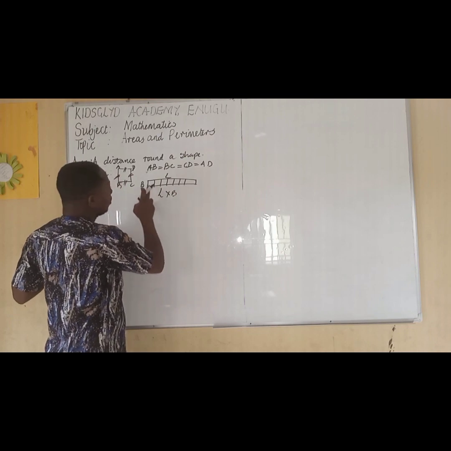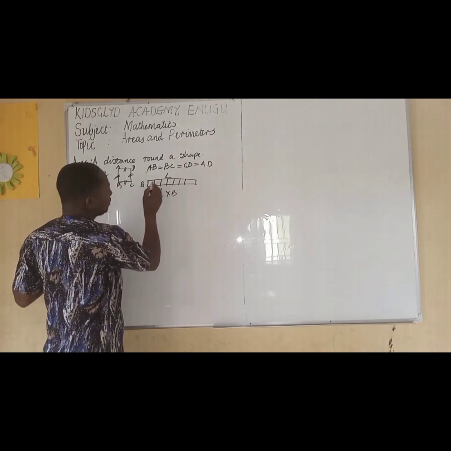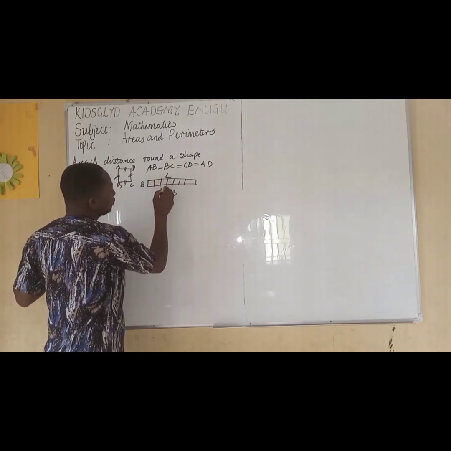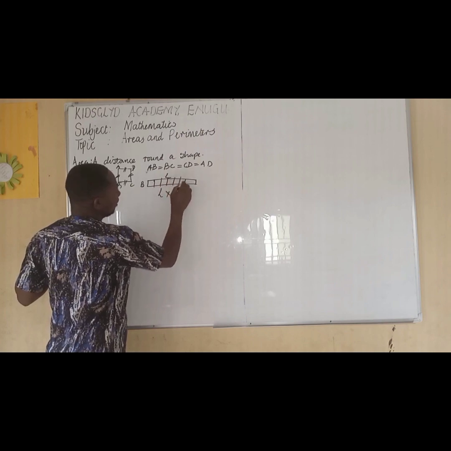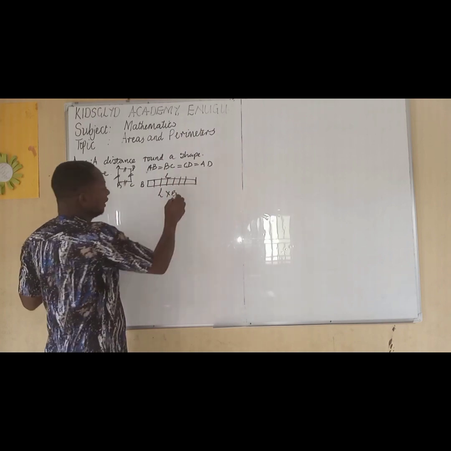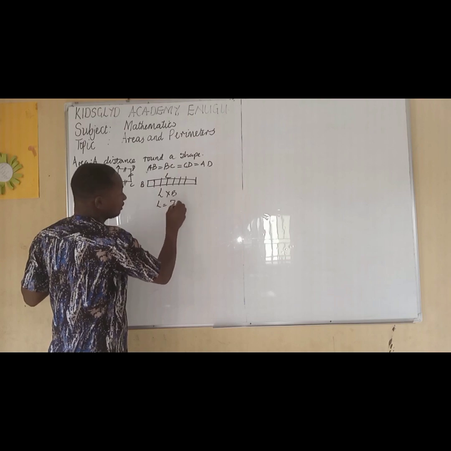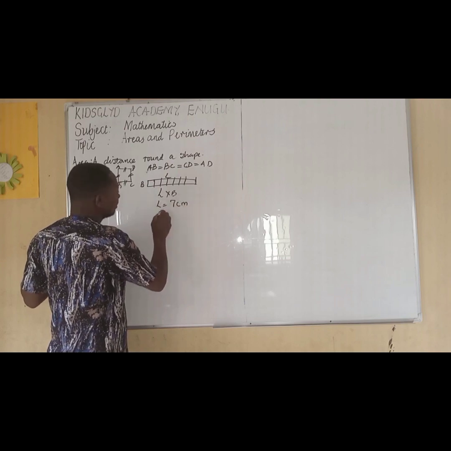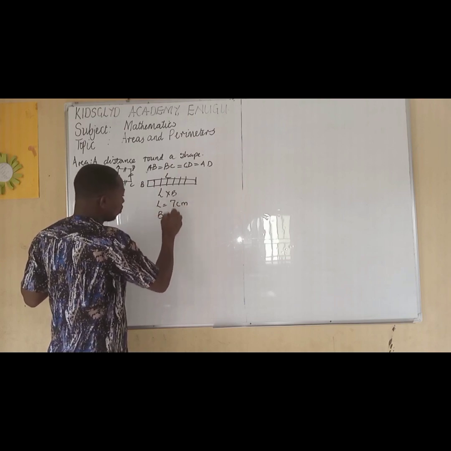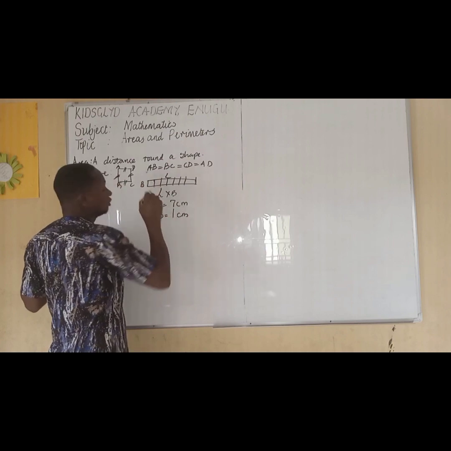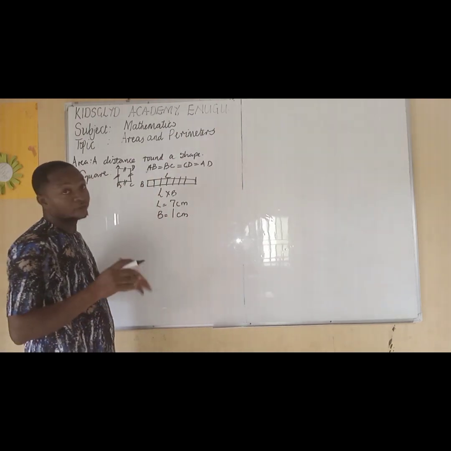Let's say from here to here is 1 cm, 2 cm, 3 cm, 4 cm, 5 cm, 6 cm, and 7 cm. Let's say the length is equal to 7 centimeters, while the breadth is equal to 1 centimeter, because here to here is 1 cm. And both of them are measured in centimeters.